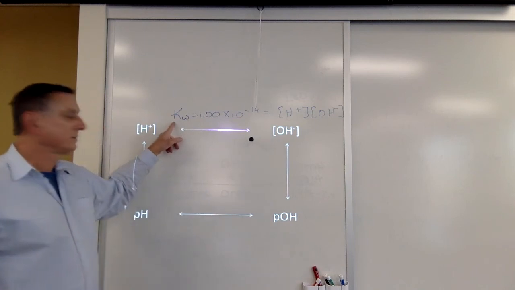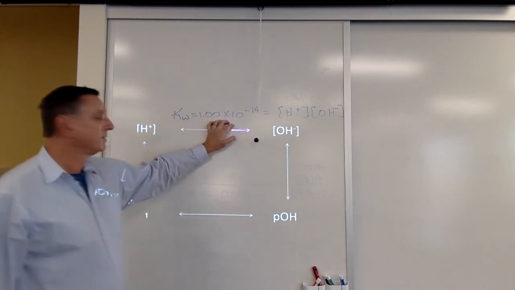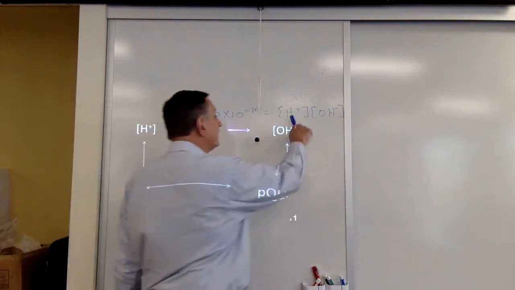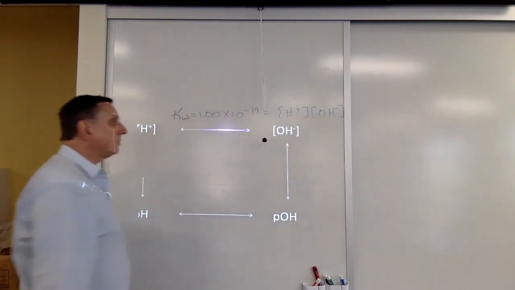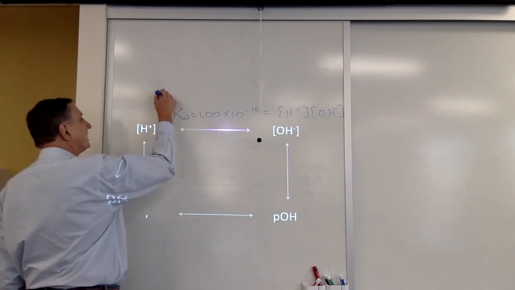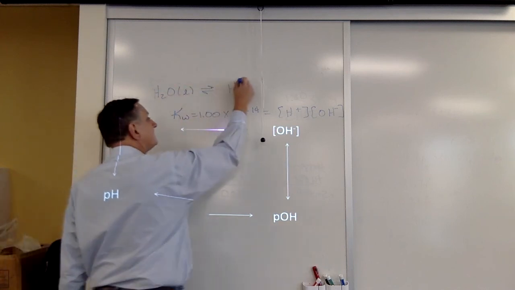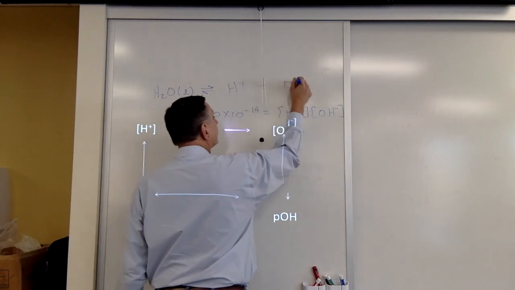The Kw, this is the equilibrium constant. This is 1 times 10 to the minus 14. It is always the case for H plus times hydroxide. And it comes from this reaction. H2O is in equilibrium with H plus and OH minus.